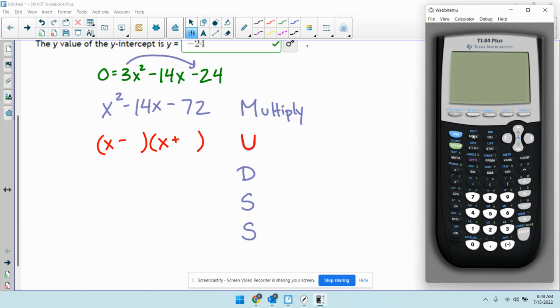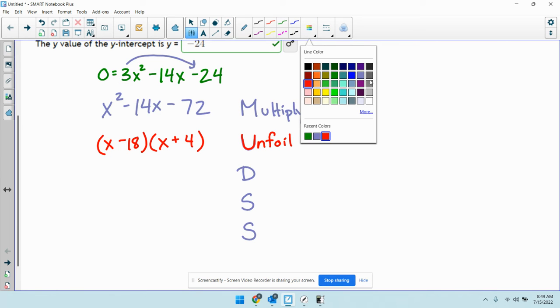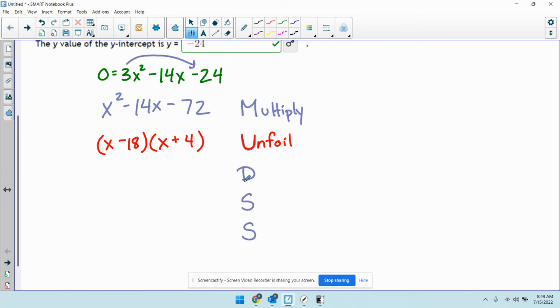So let's see, we have 72 divided by 4, 18 and 4. There we go. So this is going to be negative 18 and positive 4. Negative 18 times 4 is negative 72. Negative 18 plus 4 is negative 14. So this U stands for unfoil. That's what we did.